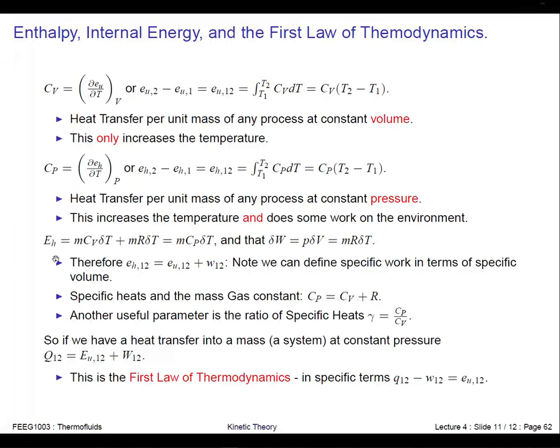What I've got here is the enthalpy is equal to the internal energy change plus the work done. So the enthalpy change, or if you like the heat transfer I have to add to the system to heat it at constant pressure, is going to be equal to the change in internal energy of the gas plus the work done by that gas.